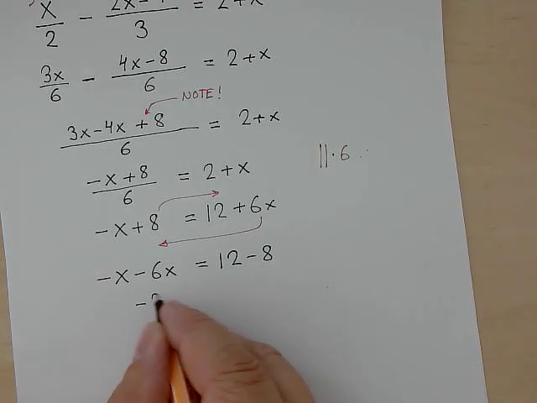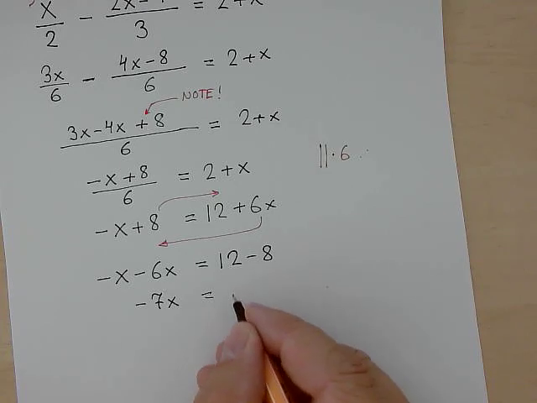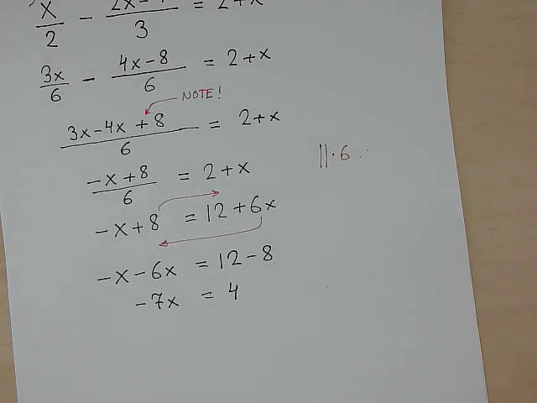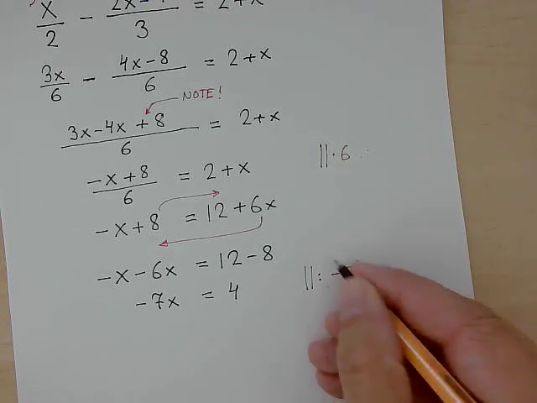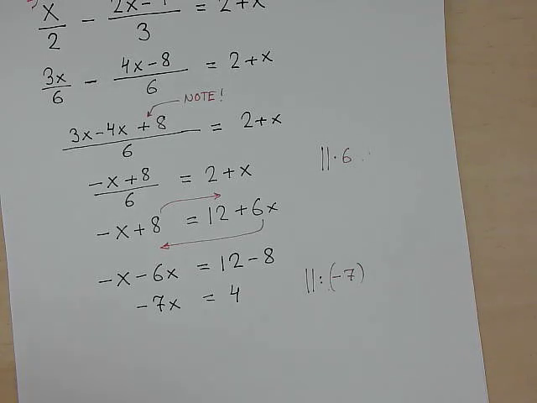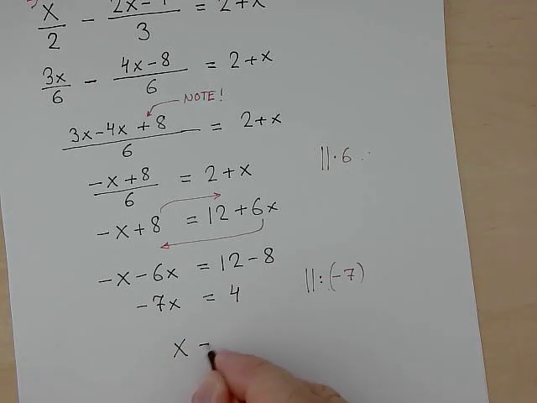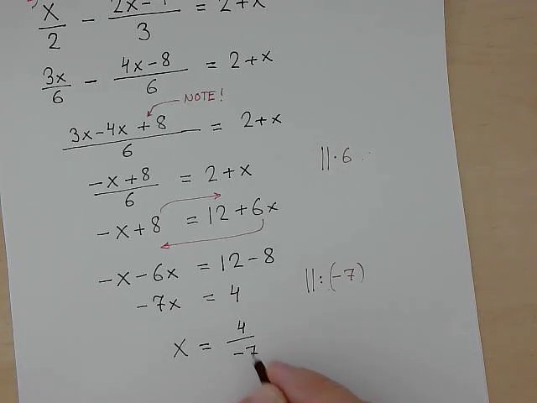So we will get minus 7x equals 4. And then we divide by minus 7. X equals, well, actually it's 4 divided by minus 7.